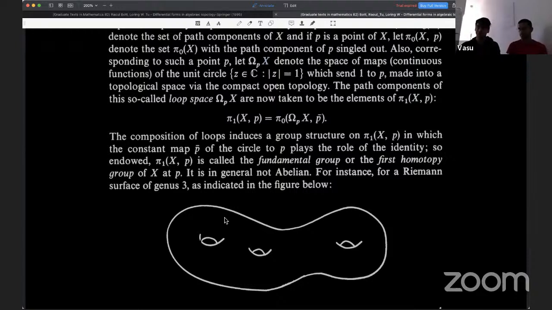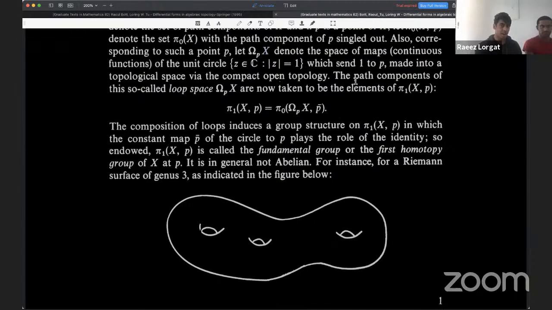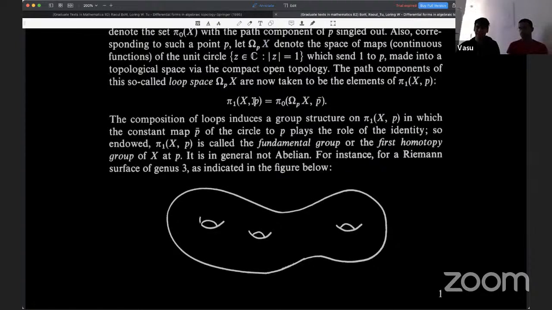So now you can ask, what are the path-connected components of this based loop space? And this is the formula that I just said in words, which is that pi1, so the first higher dimensional homotopy invariant of x, can be defined as the regular intuitive invariant of this new based loop space.